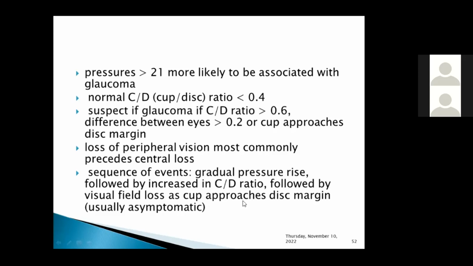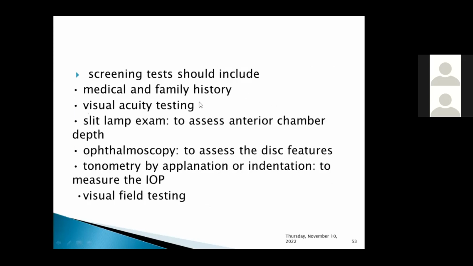So screening is very important when it comes to glaucoma, especially patients who have some medical and family history: visual acuity testing for screening, slit lamp examination, ophthalmoscopic examination, direct, indirect, or through a 90D lens, through direct fundus examination.